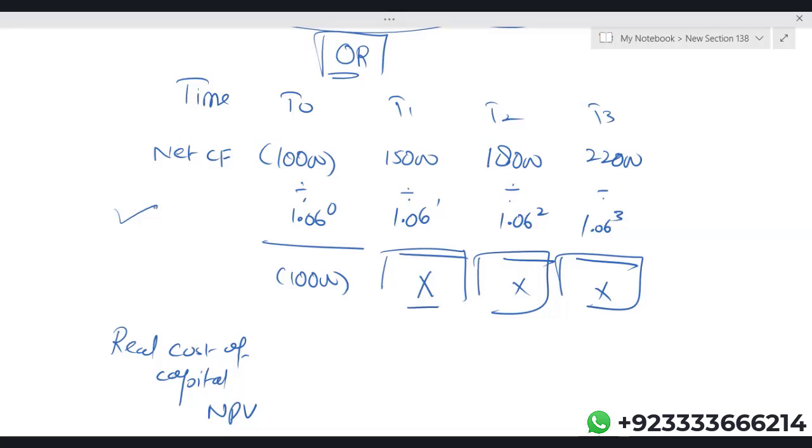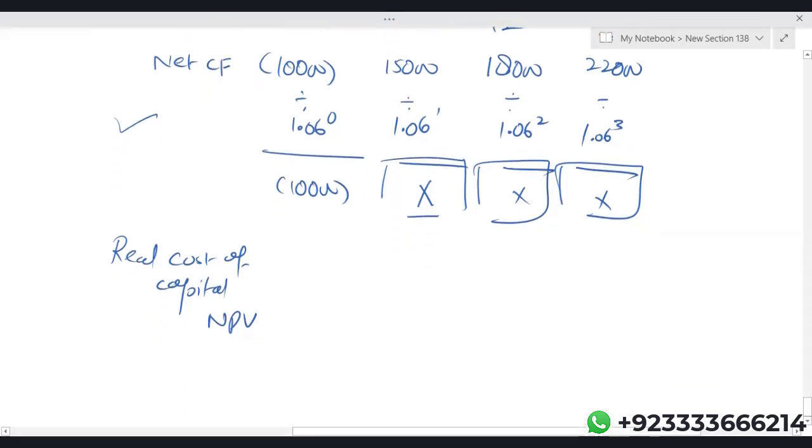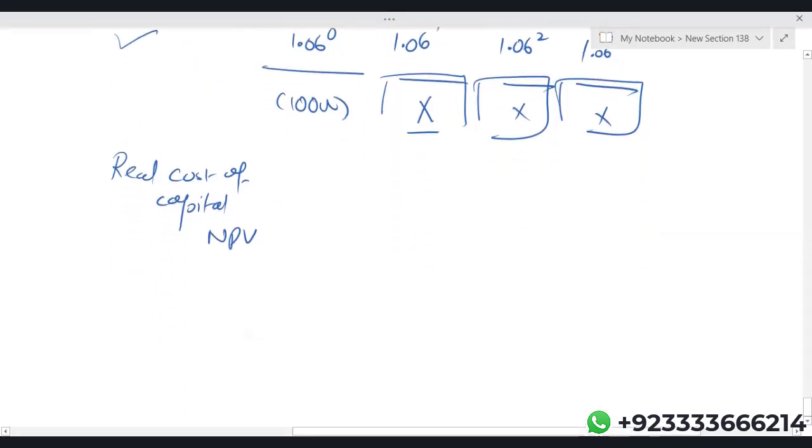So you should know both of them, but at least be able to apply one of them in which you feel convenient. If you ask me, I'll say the second one is easier. We just take the same net cash flows which we already took while calculating NPV in nominal terms and convert them into real terms. But obviously it's up to you. I have explained both presentations.